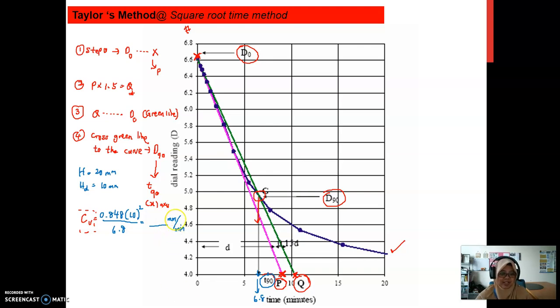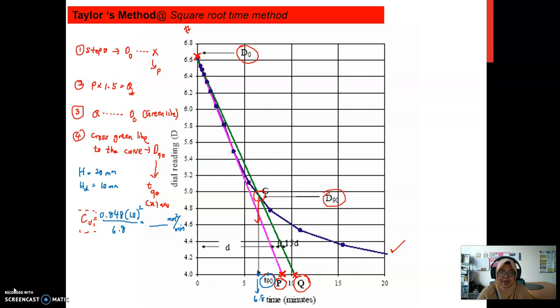Make sure you put the power of 2 for the millimeter, because we square the millimeter in the height of drainage. So your C sub V is supposed to have a magnitude in millimeter squared per minute.